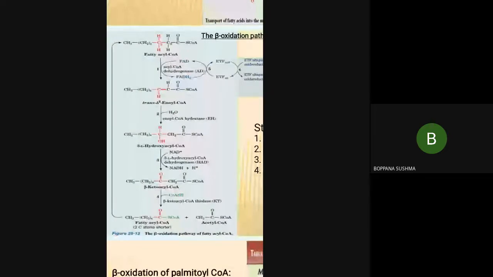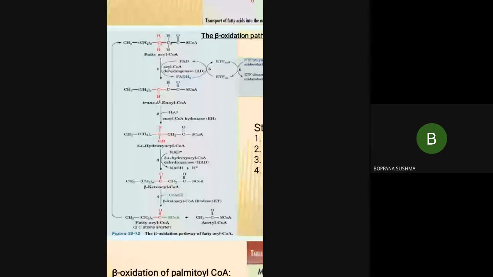For example, say this fatty acyl CoA has 20 carbon atoms. After one cycle, what happened? Two carbons are removed, so now this fatty acyl CoA has 18 carbons. Again this 18 carbon fatty acyl CoA is subjected to the first step, then second, third, and fourth.